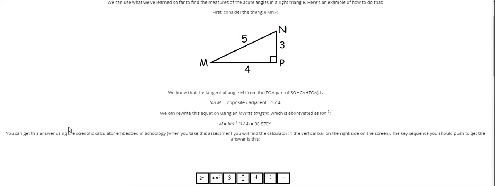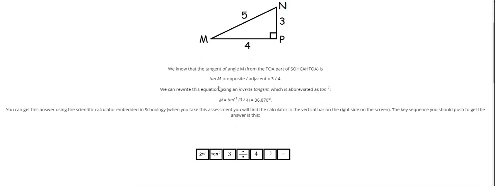TOA stands for tangent equals opposite over adjacent. Looking at angle M, the opposite side of the triangle is 3, the adjacent side is 4. So the tangent of M is the opposite over the adjacent, which is equal to 3 over 4.